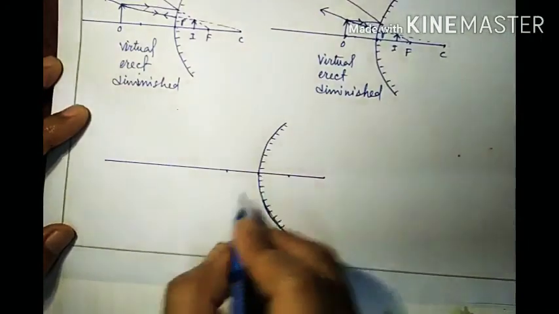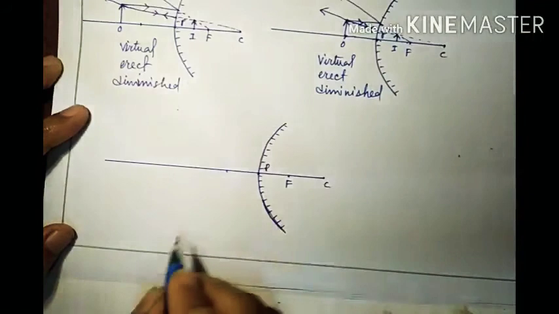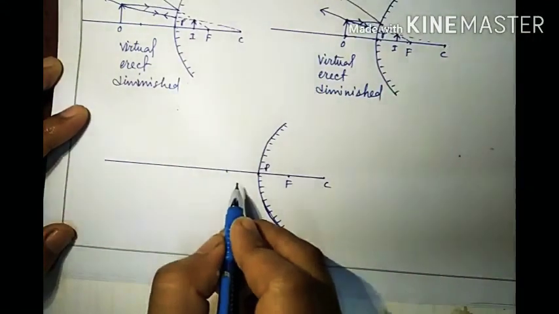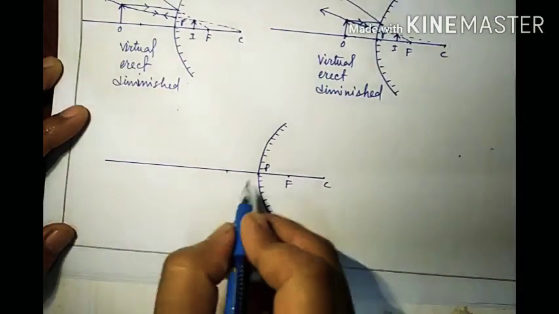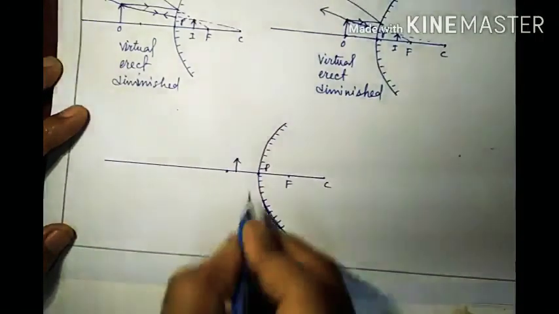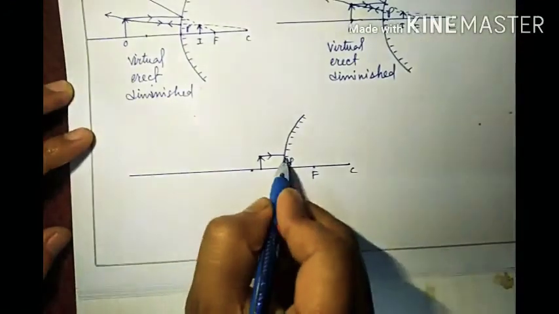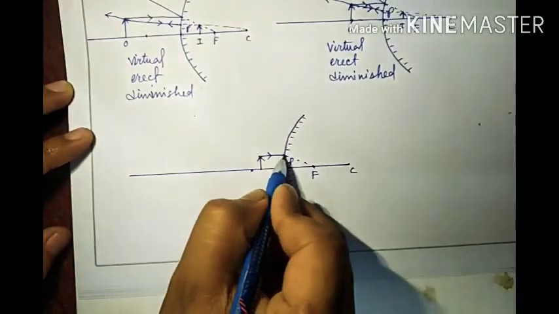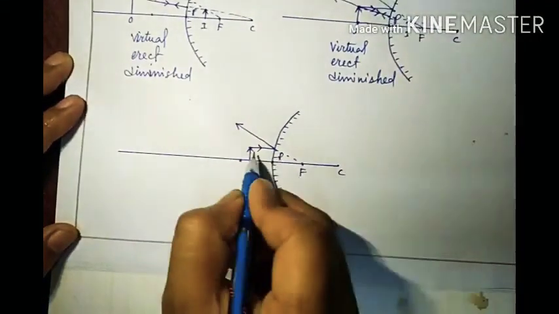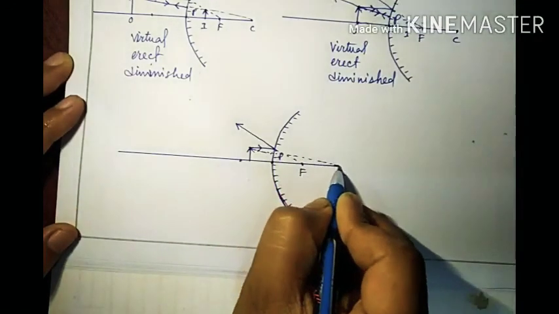For the third case, this one is pole, this is the focal length, center of curvature. Now we are going to keep the object at a place where the distance is less than the focal length. This much is the focal length, so we are going to keep the object over here. Again we draw one ray which is parallel with the principal axis. It will pass like this after reflection, and another ray is towards the center of curvature.